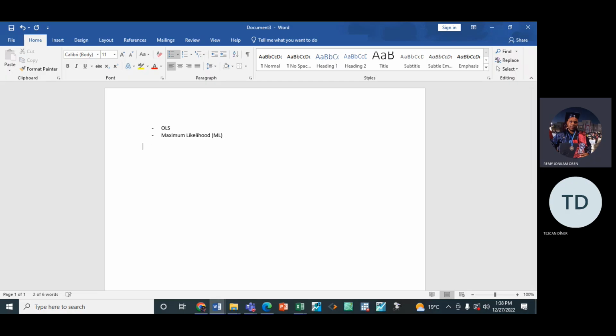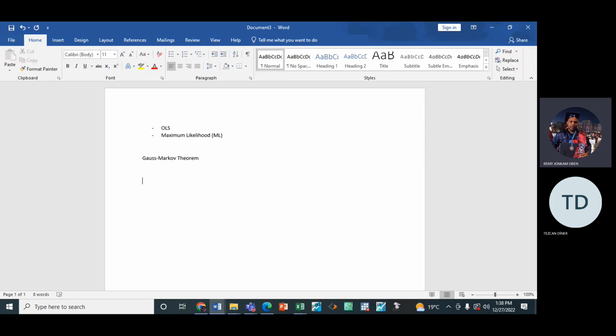That's why we have a certain theorem known as, two guys, Gauss and Markov. They created the Gauss-Markov theorem. What is this theorem telling us? It's telling us that if these assumptions hold, if these assumptions are valid, then the ordinary least squares technique is the best technique to use in doing this estimation. What do we mean by best?